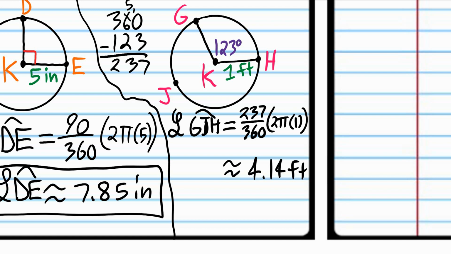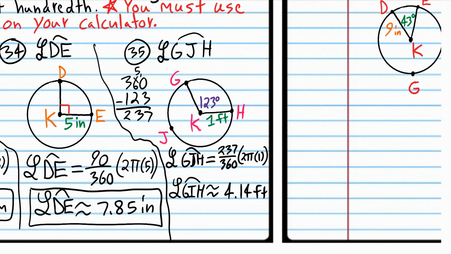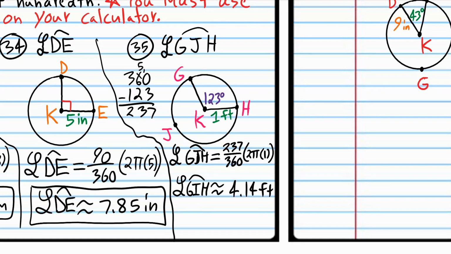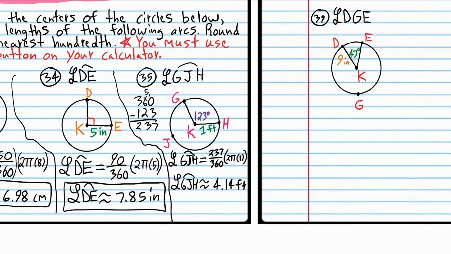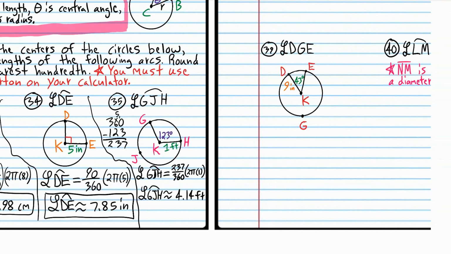Be sure to put your units here. If you don't put your units, you're not going to get an answer that makes any sense. Whoops, that should be a J, not an I. All right, so on to the next problem.